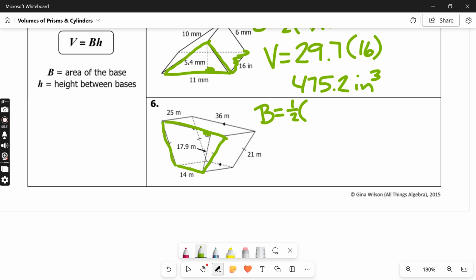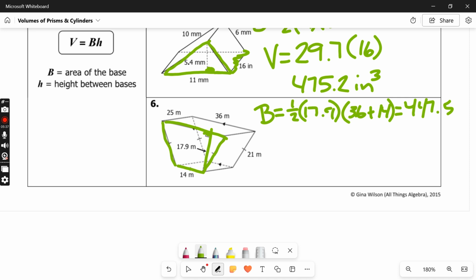So our height of this trapezoid is 17.9. And then our two bases are the ones that are connected by our height, which would be 36 and 14. Okay, I'm going to multiply that out, and I get 447.5.